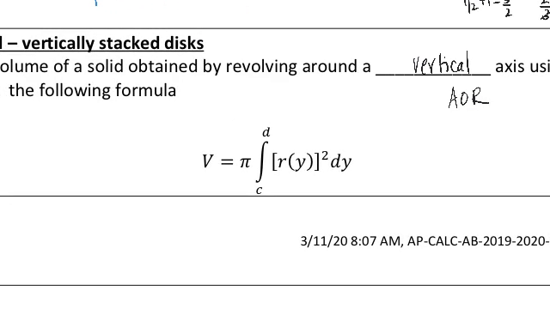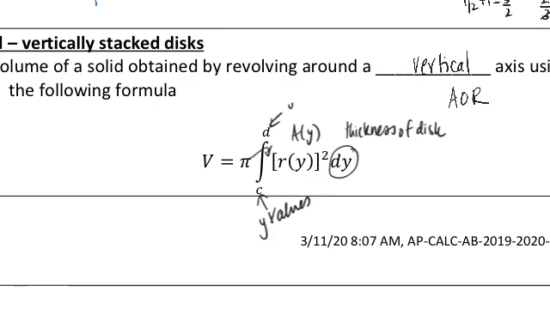And in that case, the dy is the thickness of each disk, and the pi r squared is the area of each disk. If we keep the pi inside, then we can say that's the area. But of course, when we do the integral, we pull it out. These here are y values, which are representing the top and the bottom of the solid.